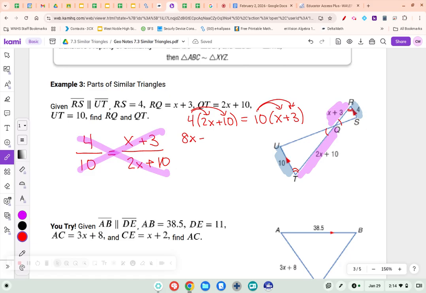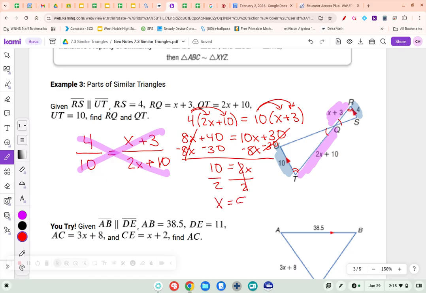So I get 8x plus 40 equals 10x plus 30. And then I subtract 30 on both sides and subtract 8x on both sides. So I get that x is equal to 5.